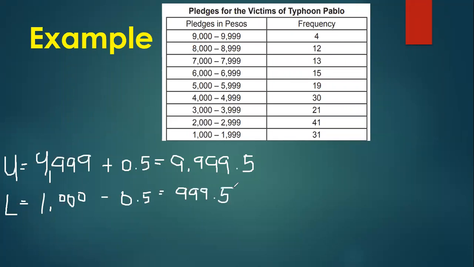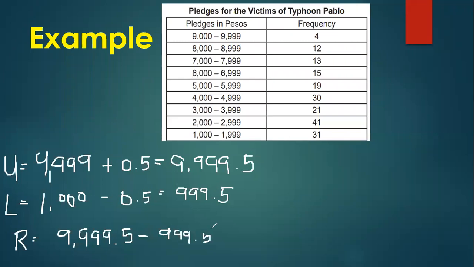Now, subtract. Range is equal to 9,999.5 minus 999.5.